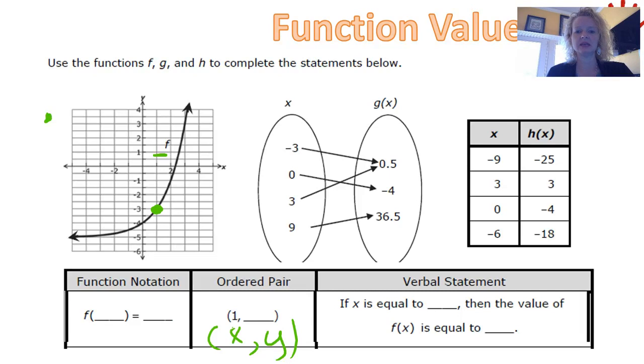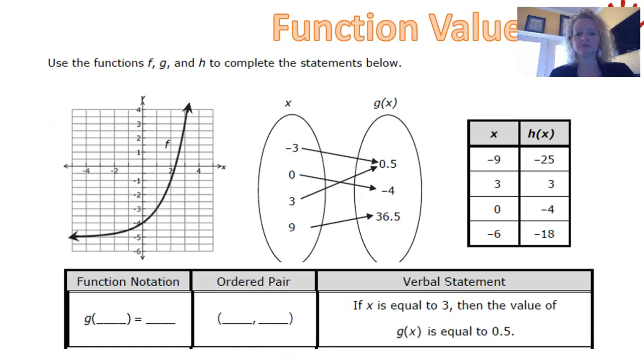It's right there at -3. So we can write that in. How would we write that in as function notation? Well, f of whatever the x value is, and the x value was given to us, it's 1, then our y value will be -3. So if x is equal to 1, our y value would be -3.